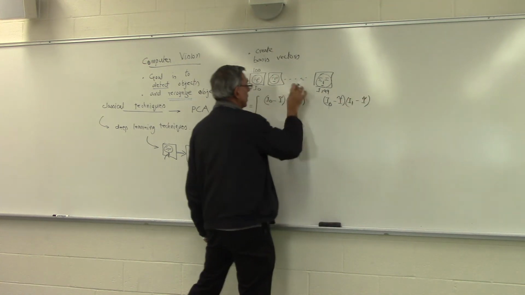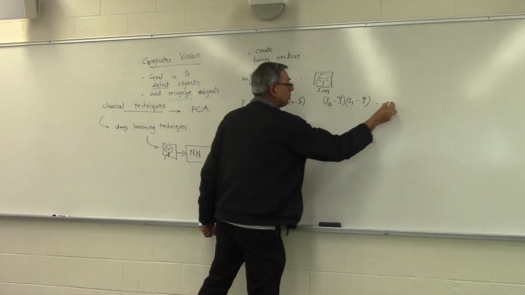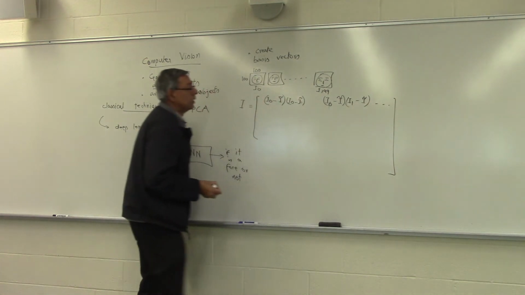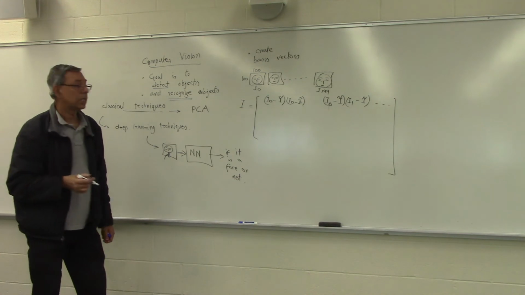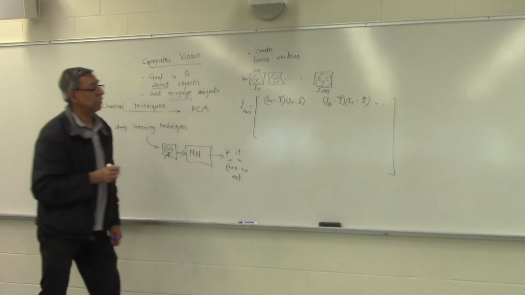So if I bar is the average image, right? So basically, if you recall, we create a covariance matrix. Okay, so this is our covariance matrix.